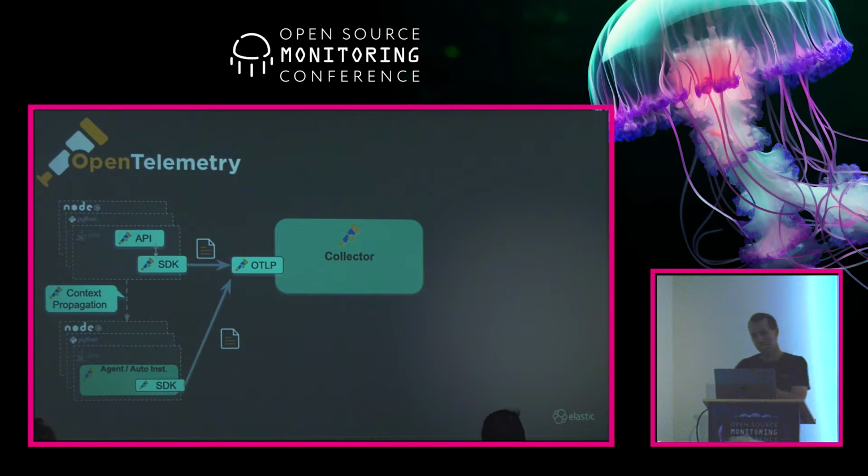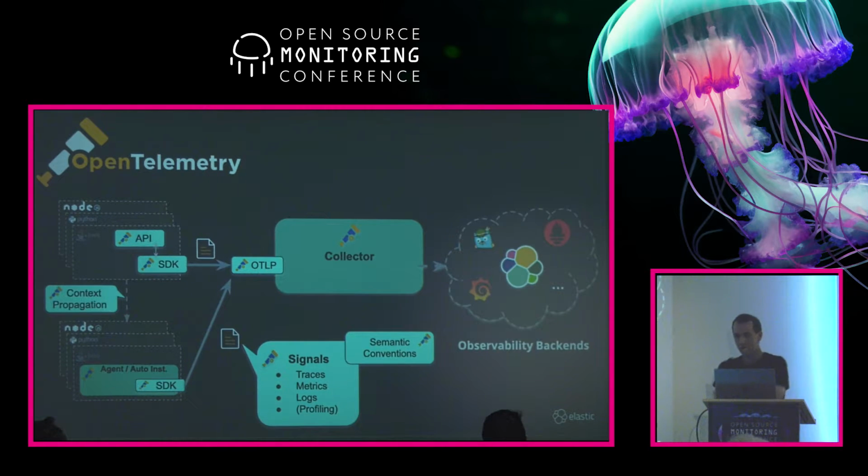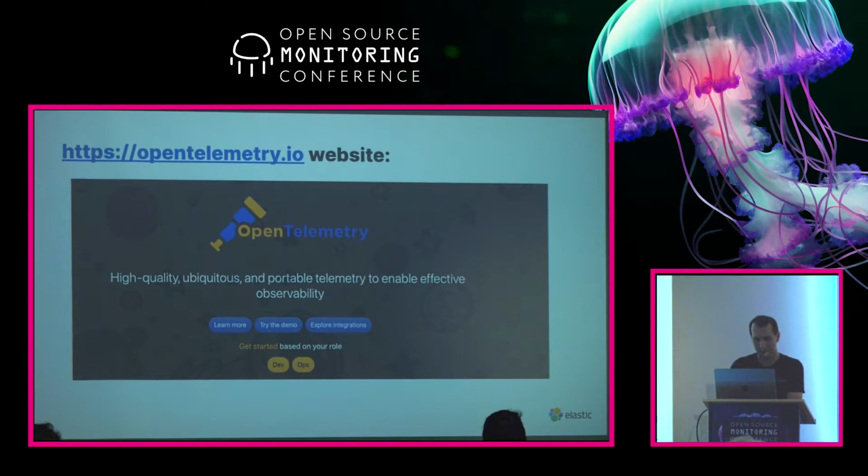And then from the collector, you can send the data wherever you want. So I talked about the signals: traces, metrics, logs, and profiling. Then you can send this whole data to a backend, like Elasticsearch, which is obviously one that we use, or Grafana, or Jaeger, as I showed you in the demo. So this is the big picture of OpenTelemetry.